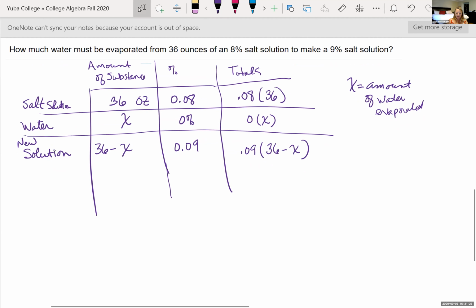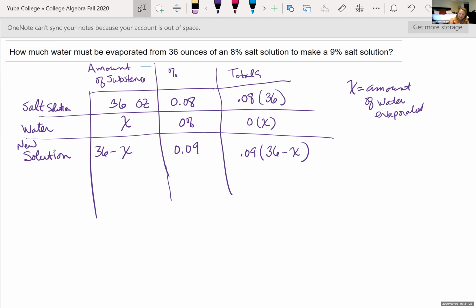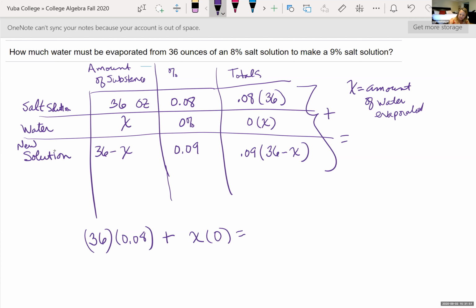We're going to have 36 all times 0.08, plus X all times 0. We want this to equal 0.09 times 36 minus X.